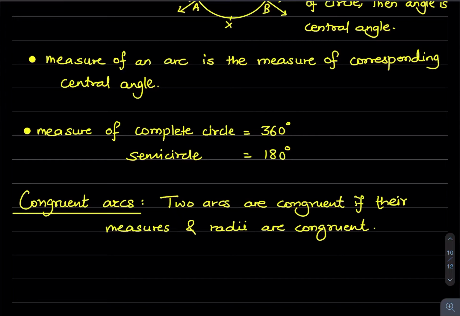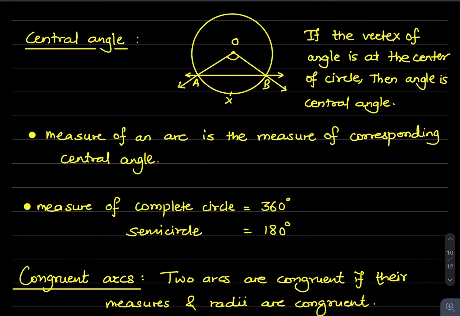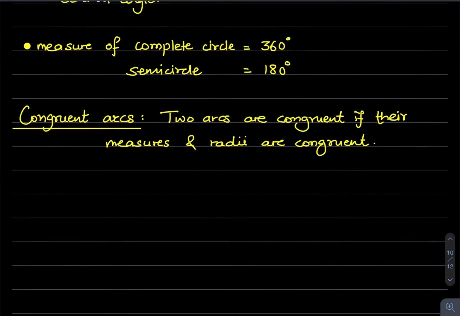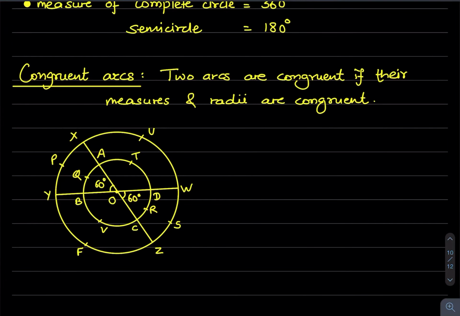If the central angles are congruent and the radii of the circles are congruent, then the arcs are congruent. So here there is a circle and one more circle inside a circle. These two circles are concentric circles with common center O.